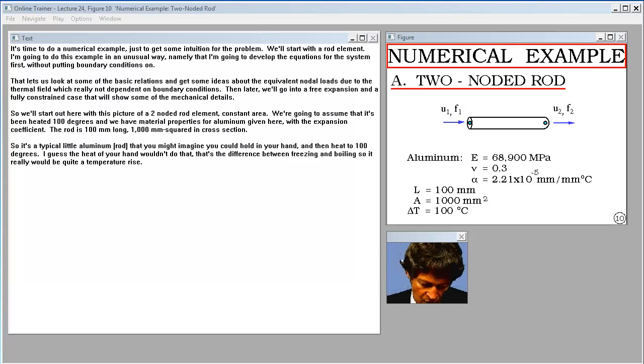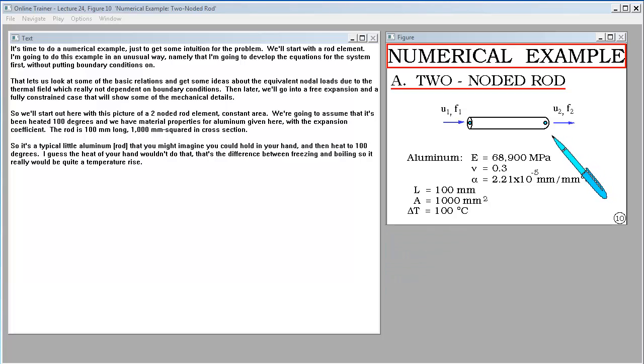So we'll start out here with this picture of a two-noded rod element, constant area. We're going to assume that it's been heated 100 degrees, and we have material properties for aluminum given here with the expansion coefficient.